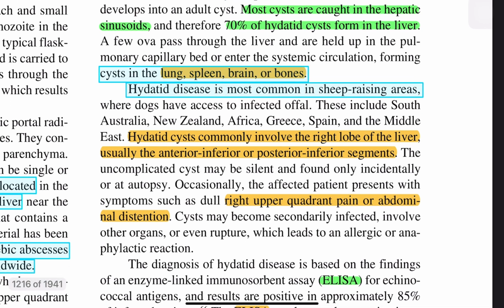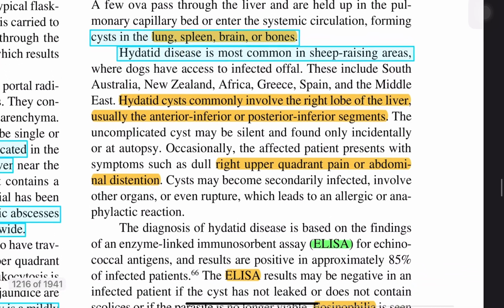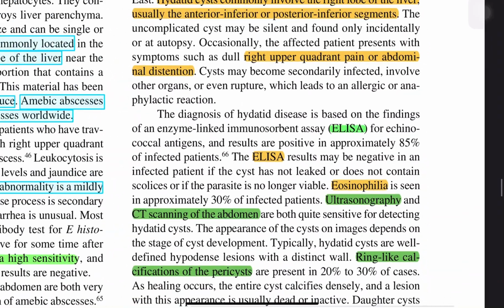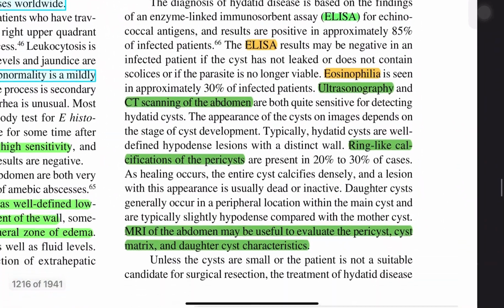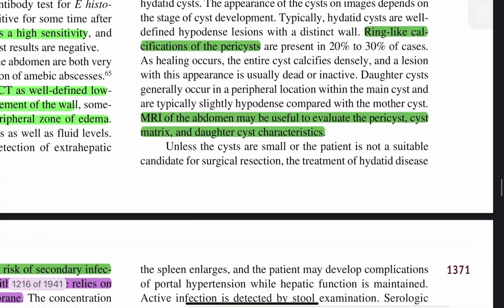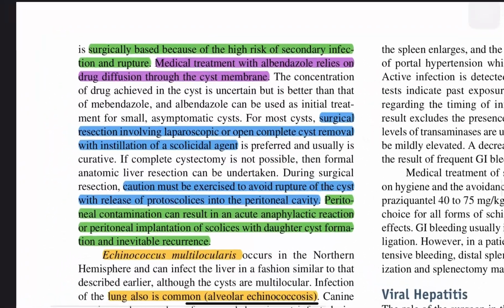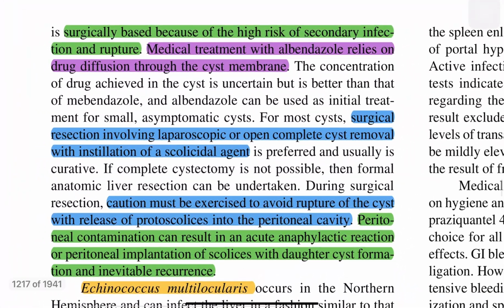Already told, hydatid cyst is most common in sheep-raising areas. Medical treatment with albendazole relies on drug diffusion through the cyst membrane, so albendazole diffuses through the cyst membrane.